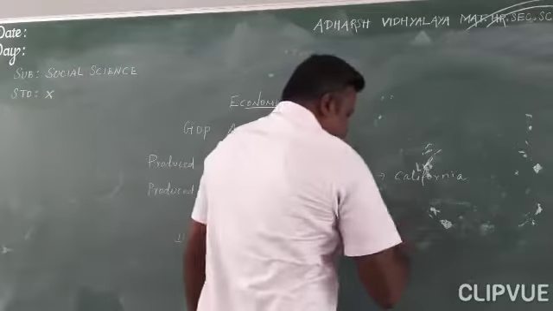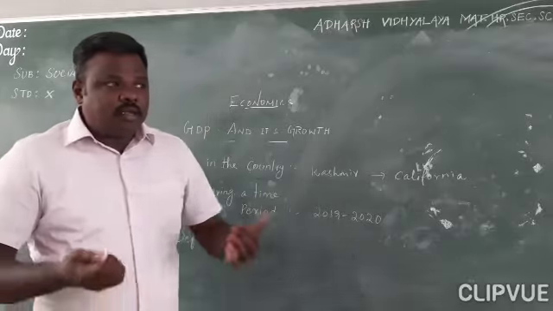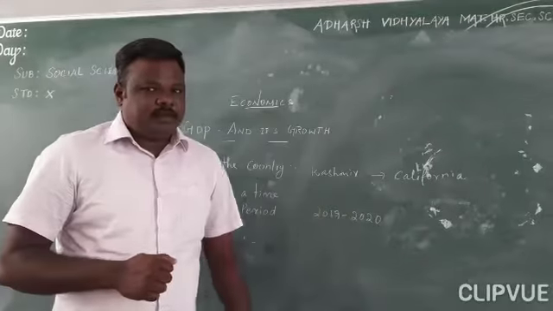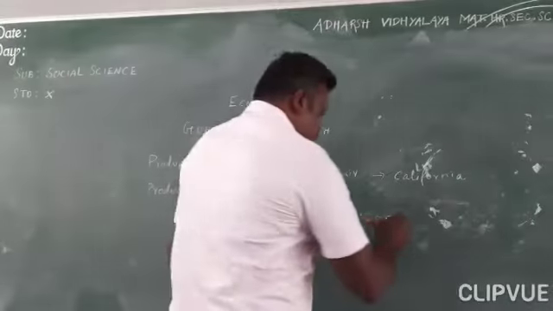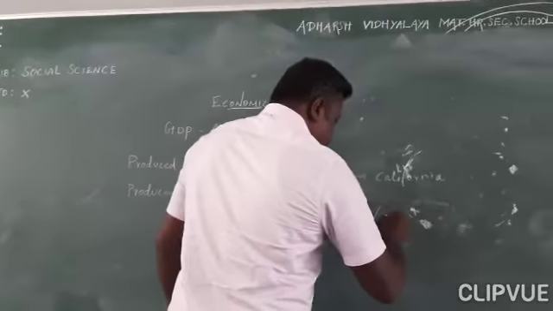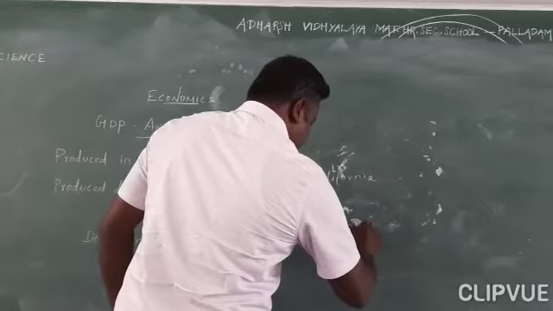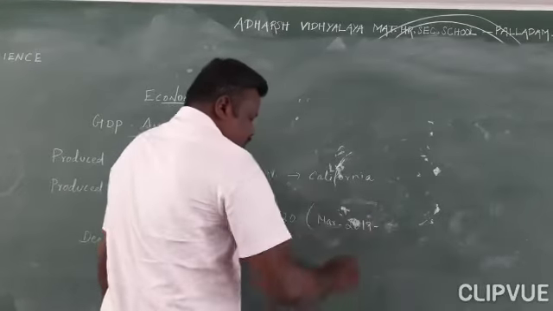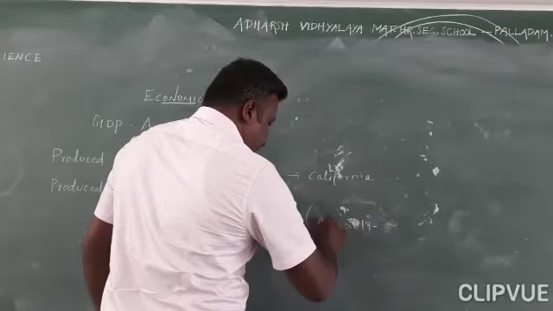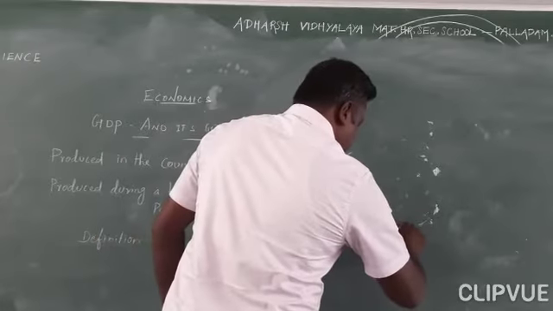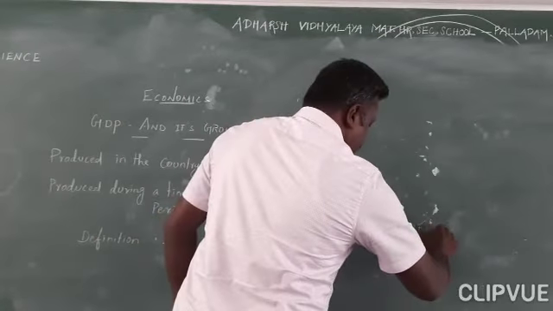So normally our Indian GDP, how is it calculated? Both annually and quarterly. Okay, so annually means the starting of April 2019 to March 2020.